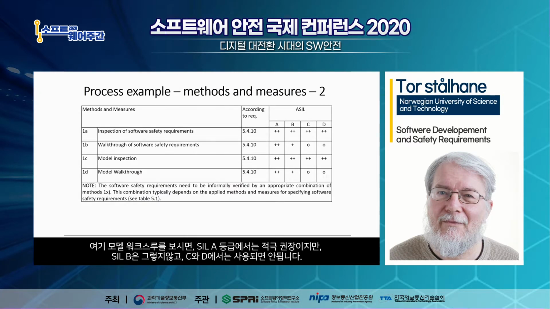If you look at something like model walkthrough, it is highly recommended for level A, not so much for level B, and should not be used for level C and D.